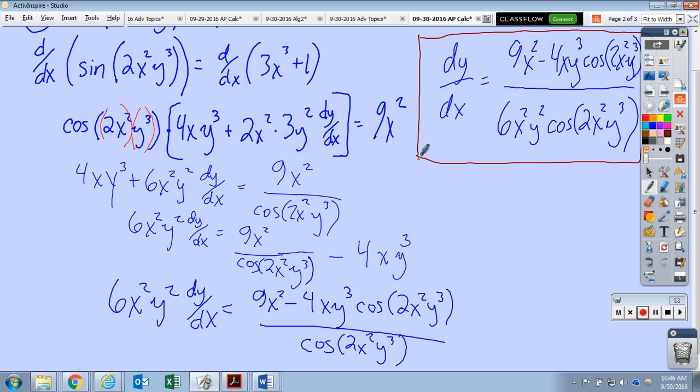3.9, if you have a textbook, is derivatives of exponential and log functions.